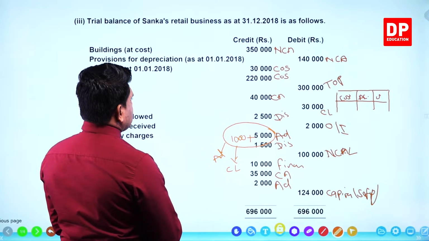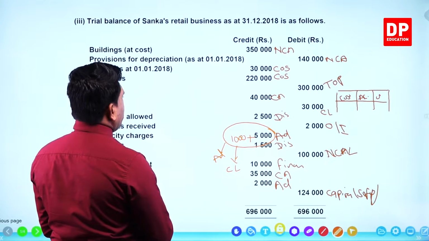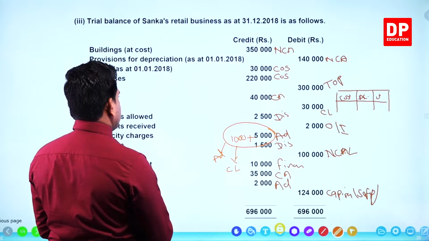Creditors 30,000, discount allowed 2,500.